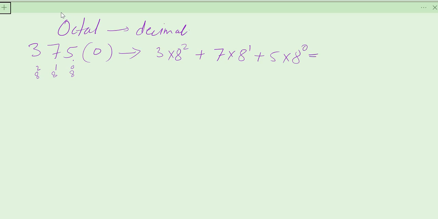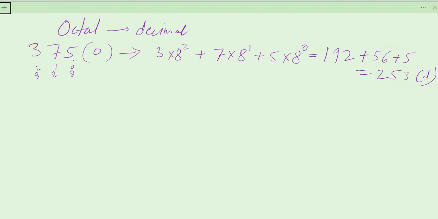So we get 8 raised to 2 is 64, 64 into 3 equals 192, plus 56 plus 5. That gives us 253 in decimal.